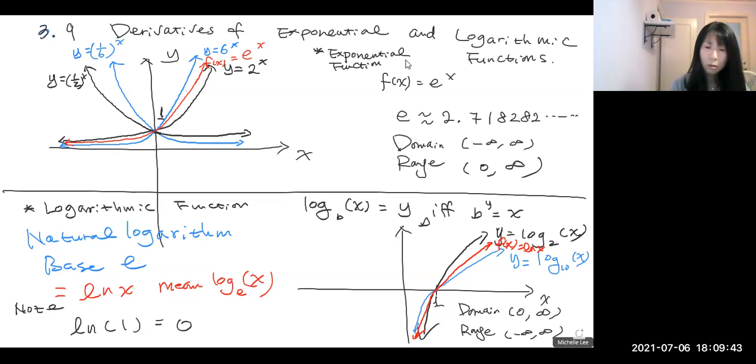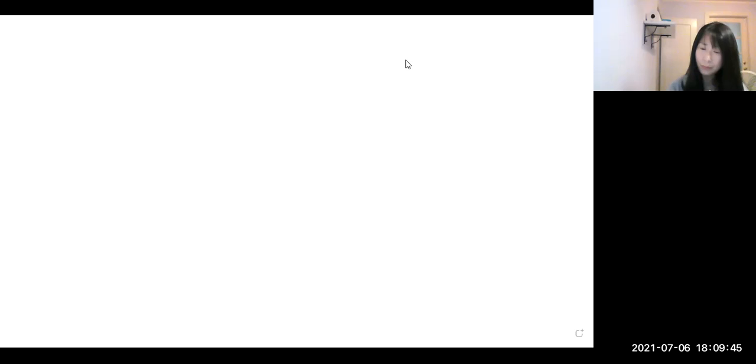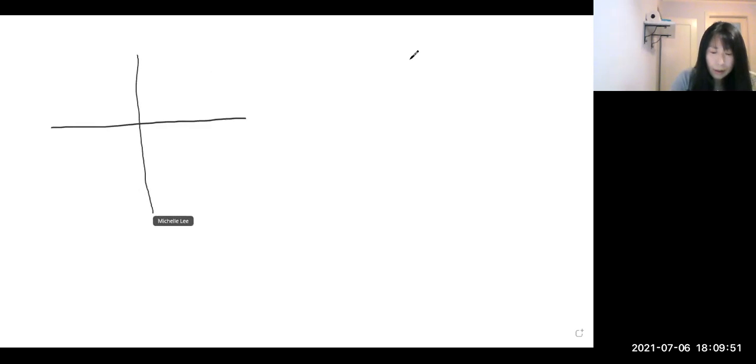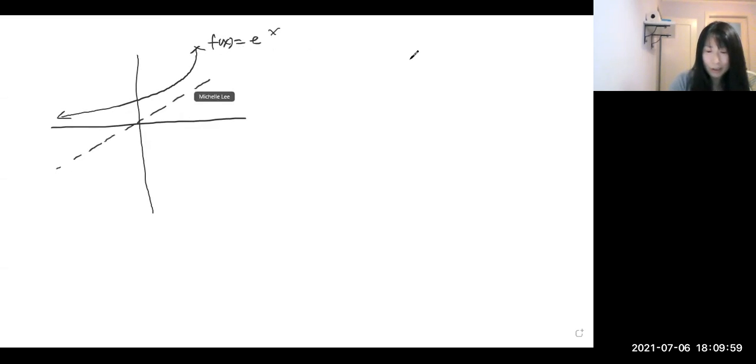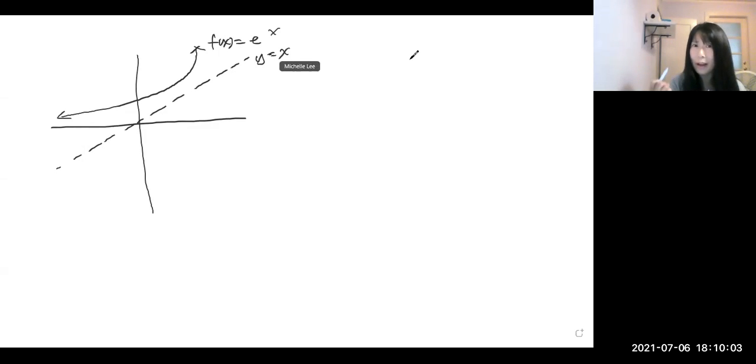All right, so we have e to the x like this, and then we have y equals x, right? For inverse functions, they reflect about the line y equals x, right? So this will be like this.